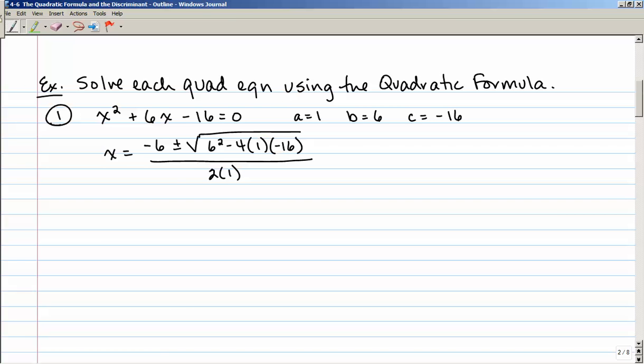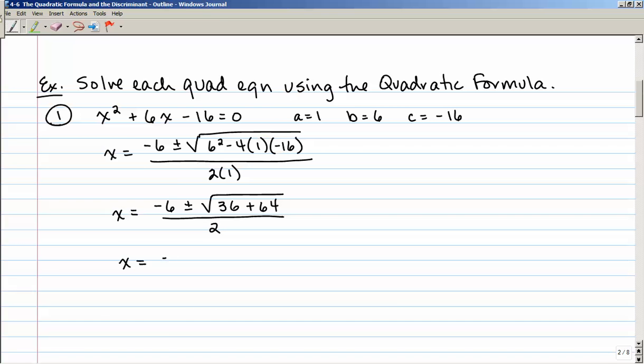For these first couple examples, I'm going to show every step. Sometimes you can do some of this in your head, especially if a is 1, it gets a little bit easier. So x equals negative 6 plus or minus the square root of 36. Now I like to think of this as negative 4 times 1 times negative 16, which comes up to positive 64, all over 2.